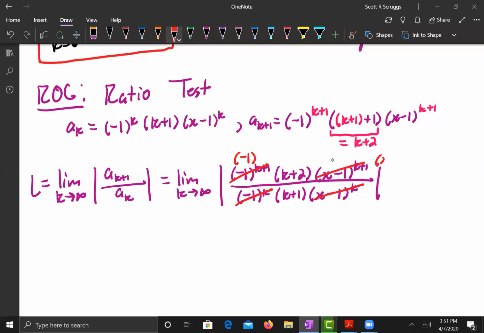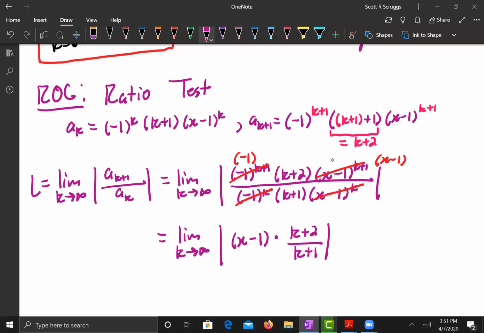That can be simplified, leaving me with just x minus 1. Meaning what I have after cleaning up a little bit will be a limit as k goes to infinity of x minus 1 times k plus 2 over k plus 1. Note that I'm not including the negative 1 in my next line because it's negative 1 multiplied by everything. So that negative 1 is going to go away anyway. So I'm going ahead and do that.